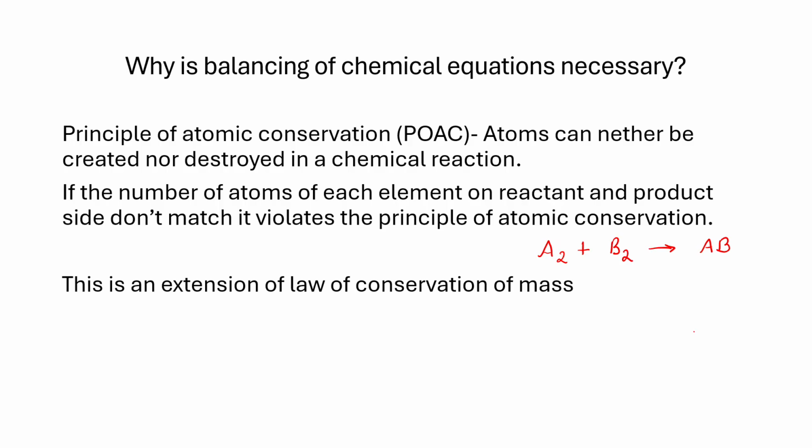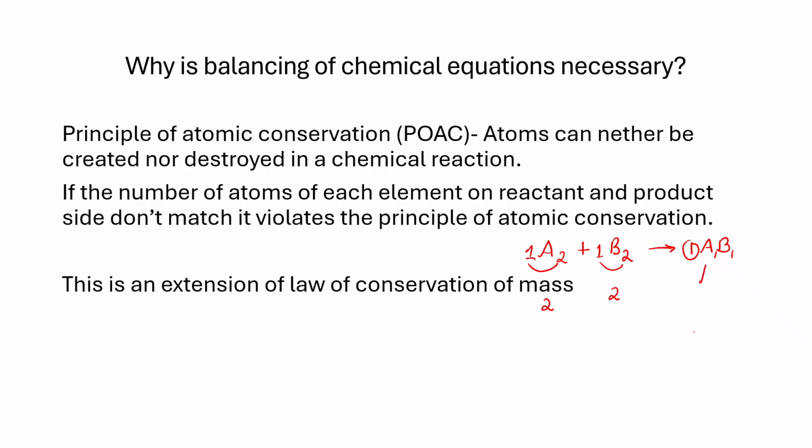Now if you try to add up the number of atoms, they won't match. For A, the number of atoms on the reactant side would be 1 times 2, which is 2. For B, again, it would be 1 times 2, which is 2. But the coefficient on the product is 1, and the subscripts for A and B are also 1.